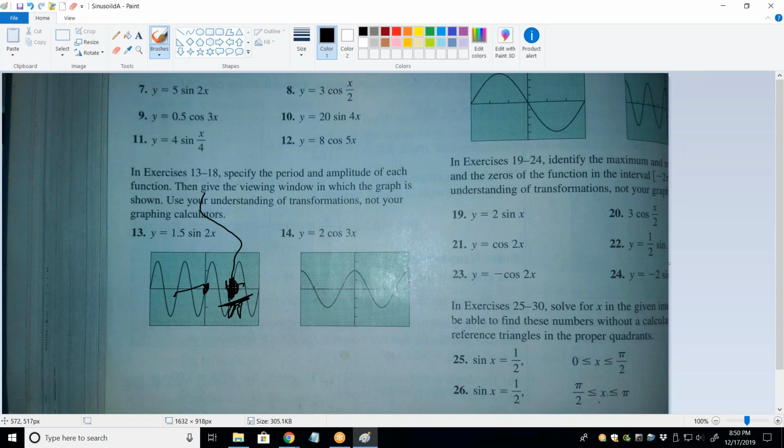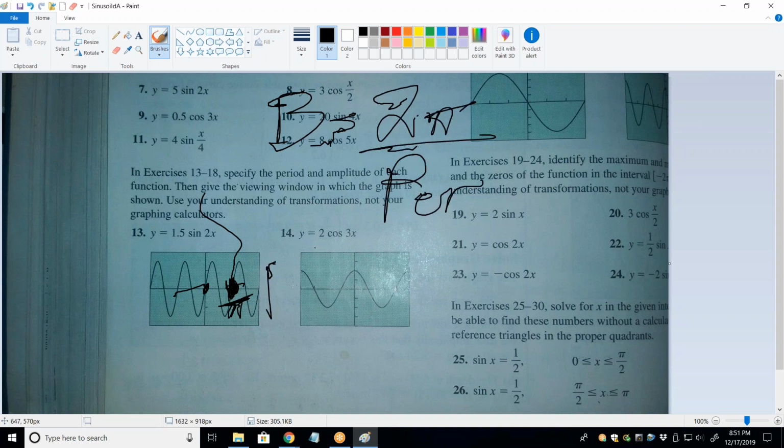what's A? Okay, what's the period? Okay, no, hold on, no. First of all, let's write the general formula. B is 2 pi over the period, right? So the period has to be 2 pi over b.